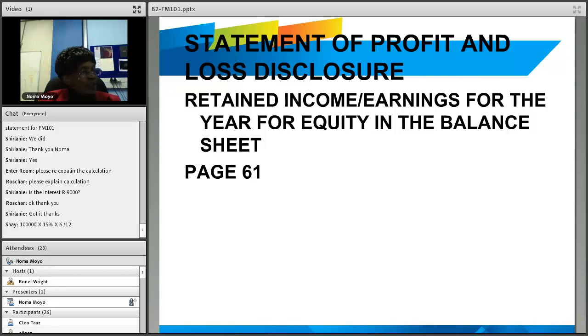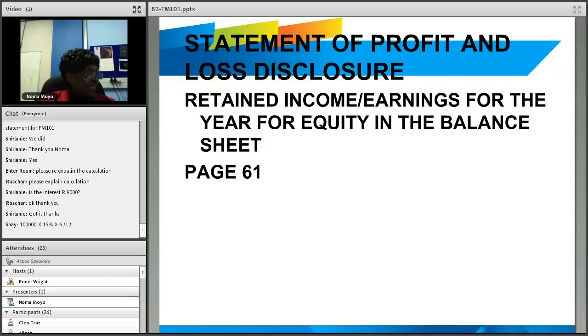We have already looked at that, now let's look at page 61, the statement of profit and loss disclosure. Remember, the trading profit and loss account, which is the comprehensive income statement, is exactly the same as the one that we have been doing, the one that we looked at on 50 and 51. But here we will now have net income before taxation.